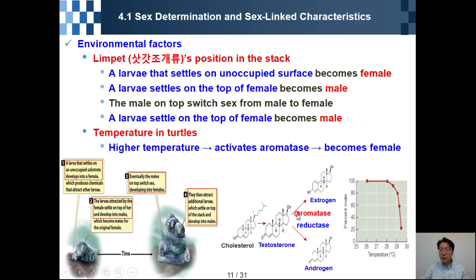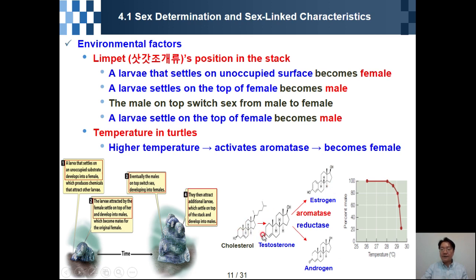This is because higher temperature can activate aromatase. Aromatase changes testosterone to estrogen, and estrogen is a female hormone.